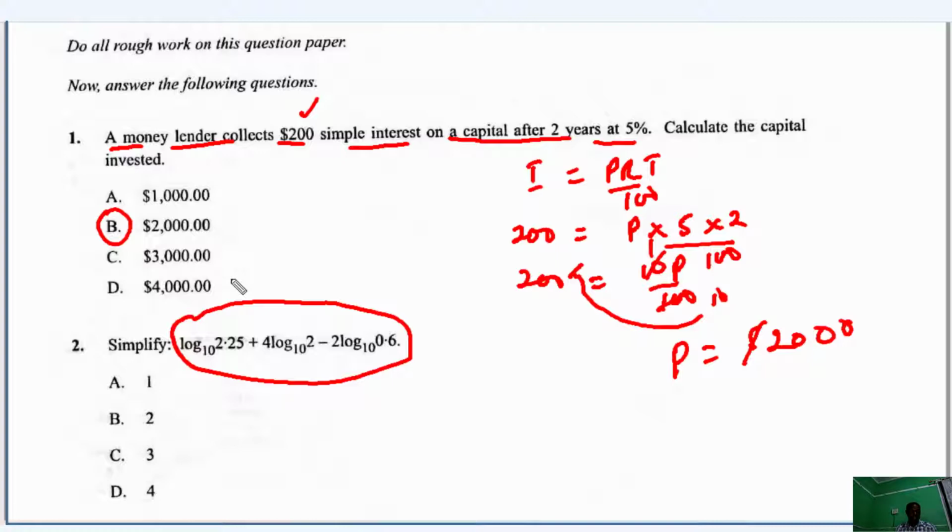When you solve, you get 2. So when you get something like this in objective questions, just put everything into the calculator and solve it. Let's move on to other questions.